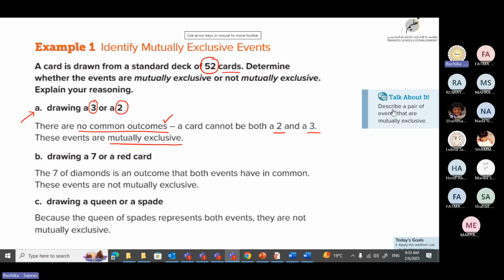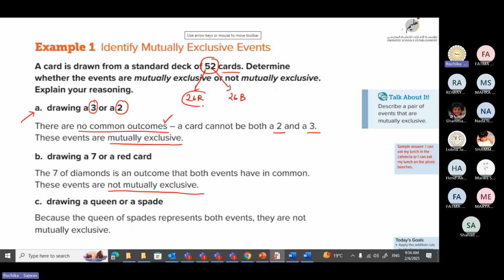Okay, now come to this one, which Fatma read for you. Here we say it is not mutually exclusive. Do we all agree? Do they have something common? See, in a pack of 52 cards, there are half red, half black. So that means 26 red cards, 26 black cards.